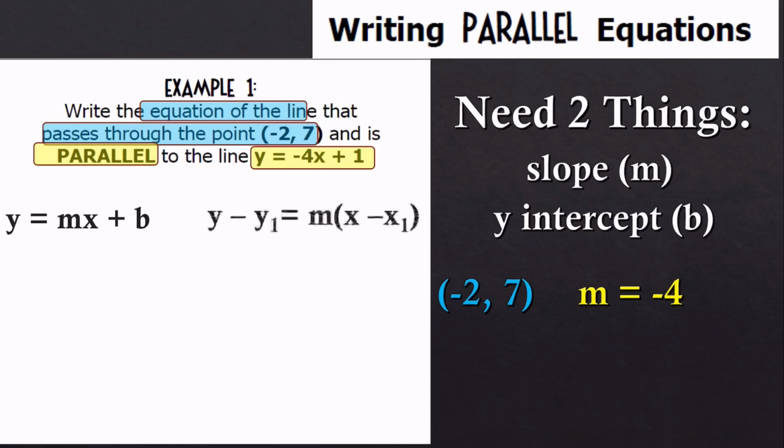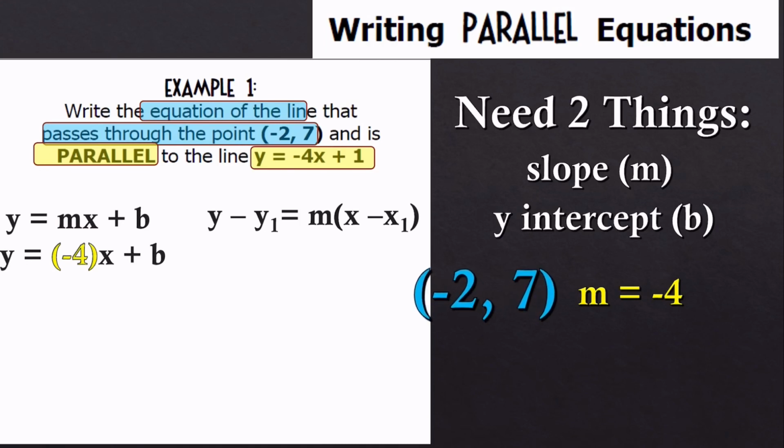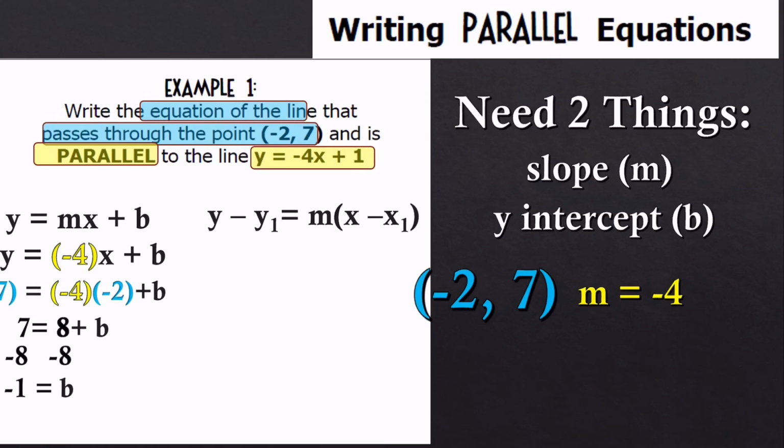If we take a look, I'm going to replace m with -4. And remember my point, I'm going to replace x with -2 and y with 7. When I do the math, 7 equals 8 plus b. Subtract 8 from both sides so that my y-intercept is -1. I now have my slope and my y-intercept. I can write the equation of my line.